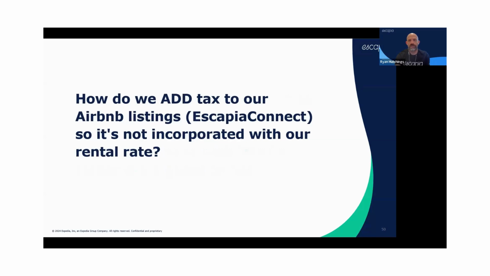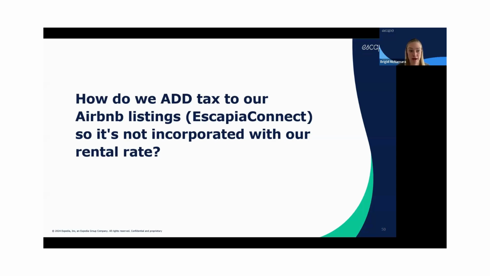Next up, how do we add tax to our Airbnb listings, like through Escapia Connect, so it's not incorporated with our rental rate? Bridget. So this one depends a little bit on what tax eligibility Airbnb determines the unit is, which will be based on your location. So if Airbnb tells you that the unit is ineligible, unfortunately, you will not be able to add taxes.